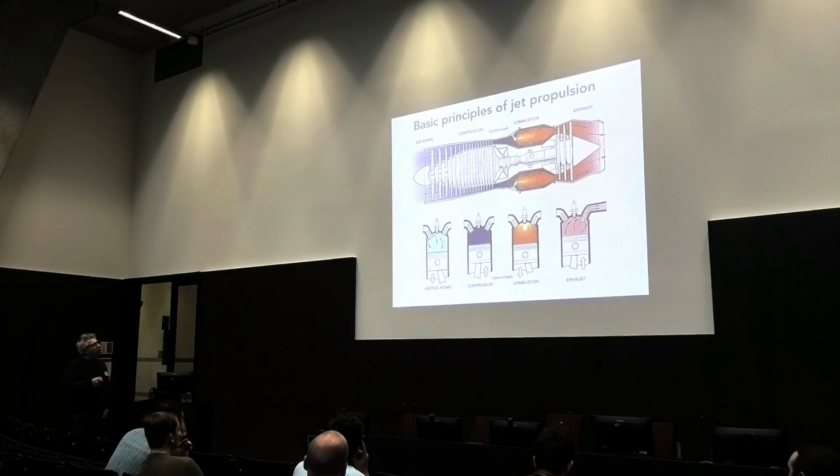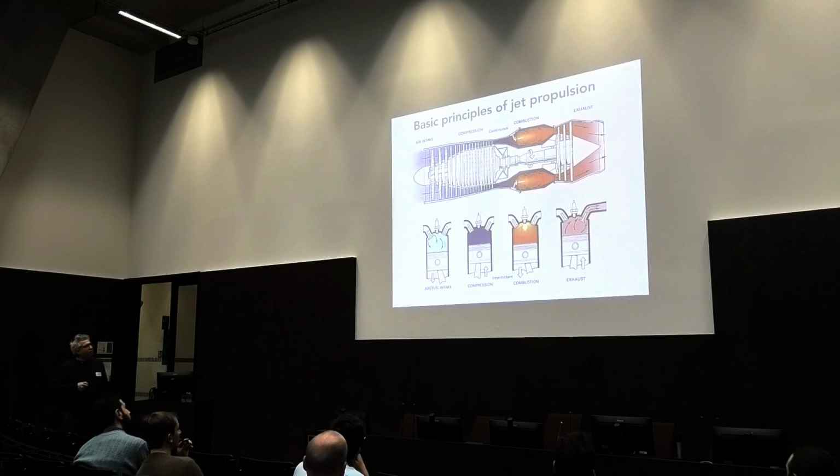And this gas now that is at a high pressure, at a high temperature, so having a very high enthalpy content, will expand through the turbine. And the job of this turbine is to drive the compressor. Then the gases are expelled at the exhaust and they are further accelerated in a convergent nozzle here. And so here you will have a high velocity jet, but as already mentioned, this is a quite inefficient way of producing thrust.